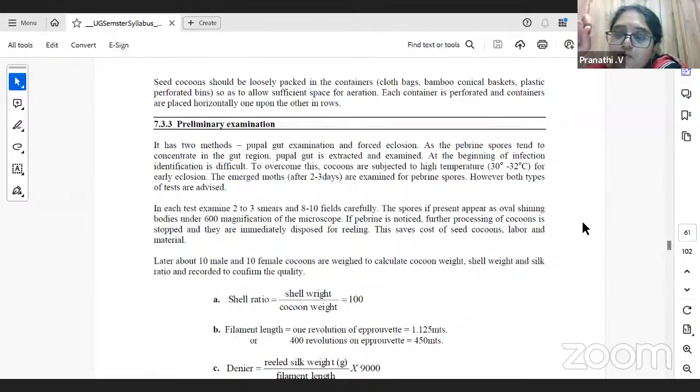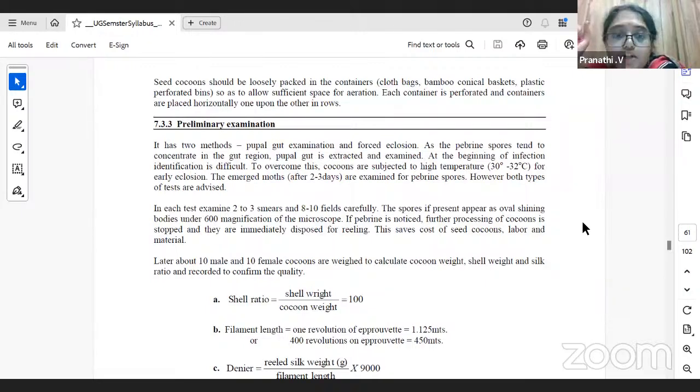But before doing that, you can perform both cocoon pupal examination as well as forced eclosion, so that it's slightly better and you have an idea whether that particular batch is good or not. For each test you take around 2 to 3 smears and 8 to 10 fields carefully, and check if the spores are present.